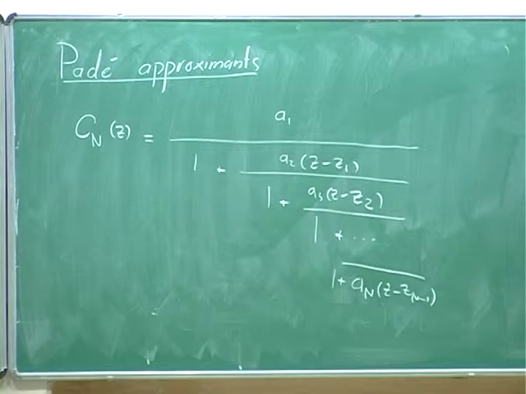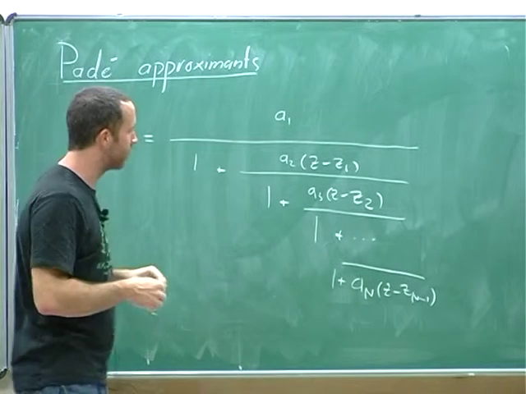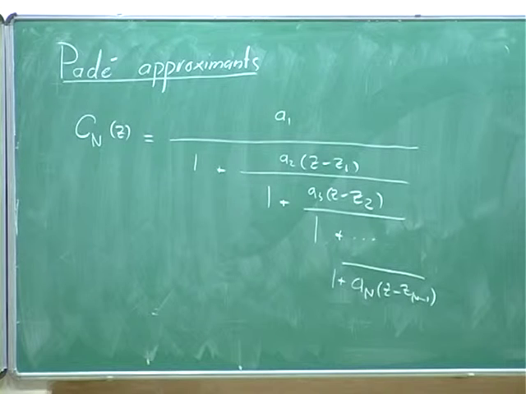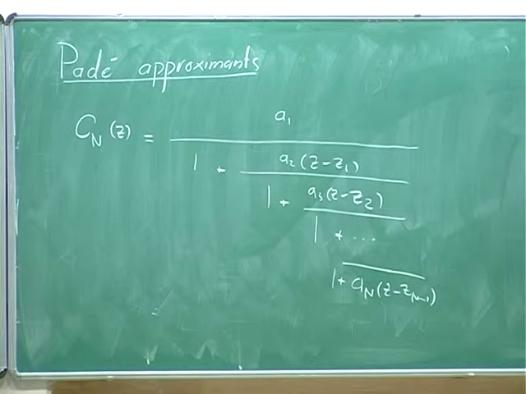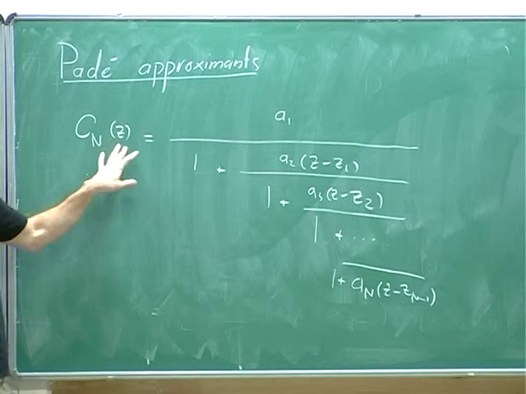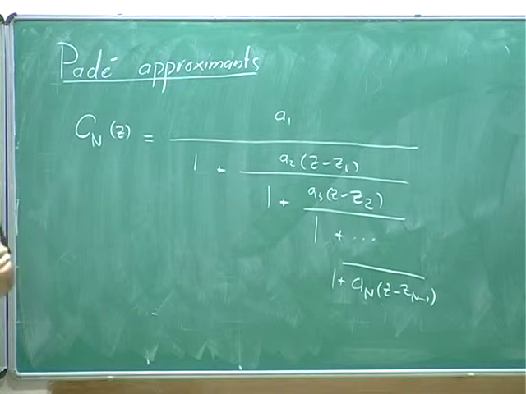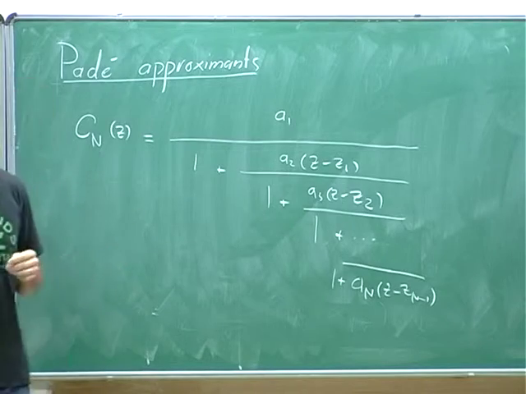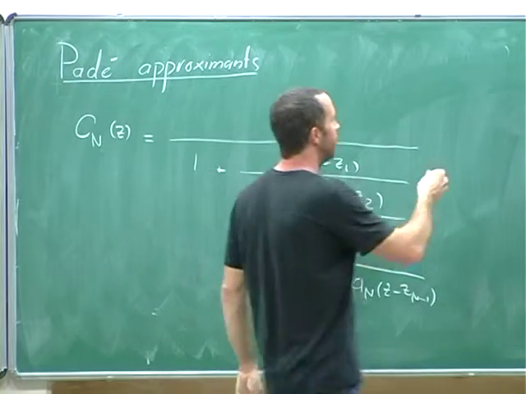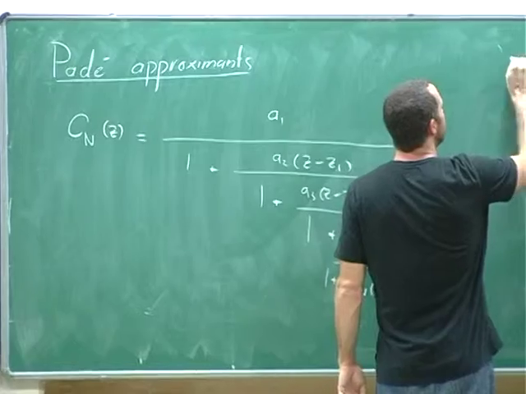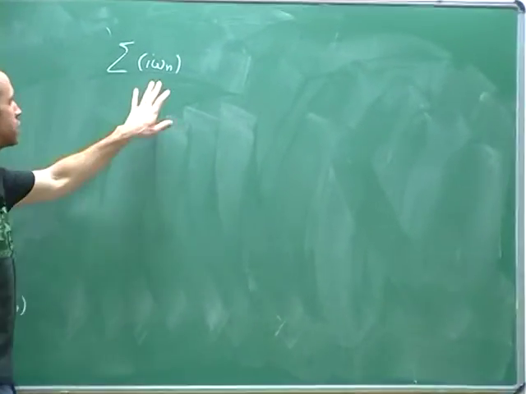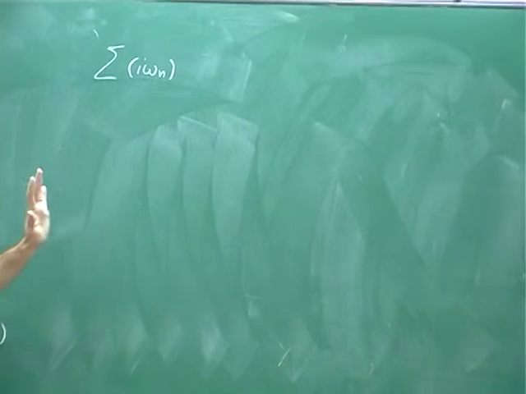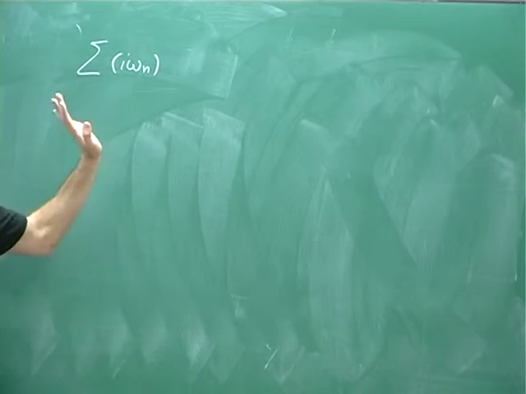This is called a continued fraction, and the game is the following. This is a function which is defined everywhere on the complex plane, so I could use it as a sort of fit. From my Monte Carlo, I get information on G, or on the self-energy, at the Matsubara points. These are just points somewhere in the complex plane, so this I know.